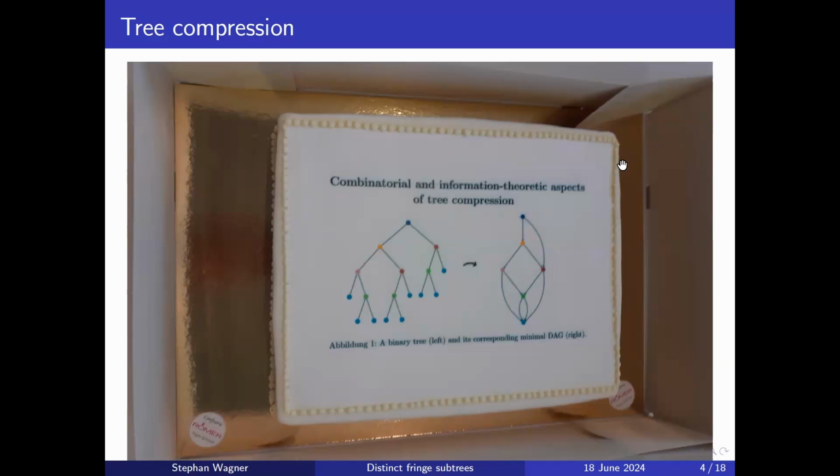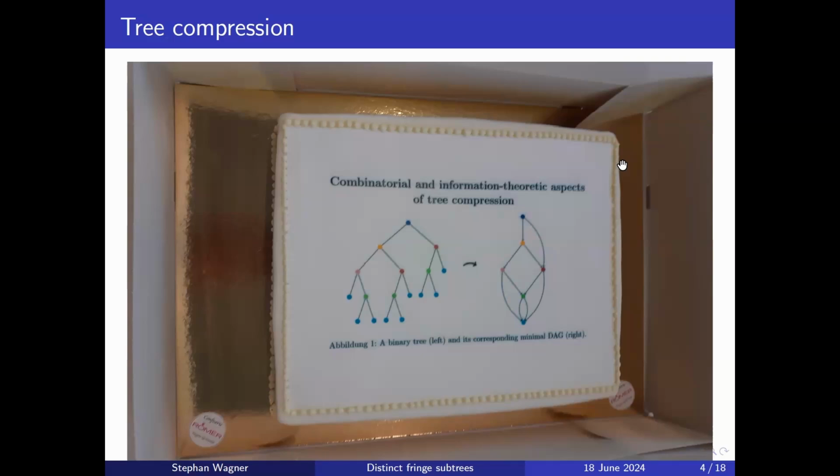And also the green vertices have identical fringe subtrees, so they're merged. And what you get then is what is called the minimal DAG, directed acyclic graph, associated with the tree, which has fewer vertices, of course. And the number of vertices in this minimal DAG is precisely the number of distinct fringe subtrees in your tree.